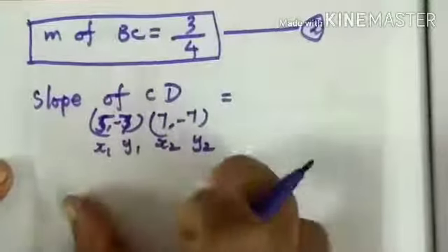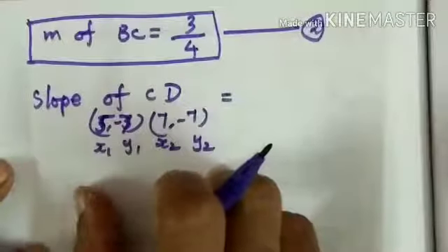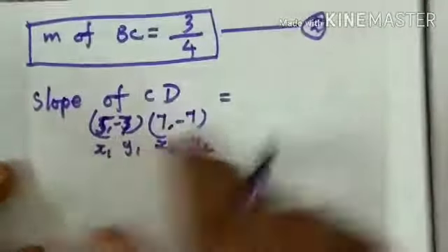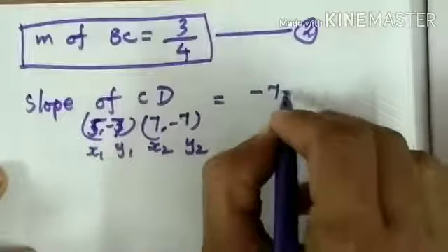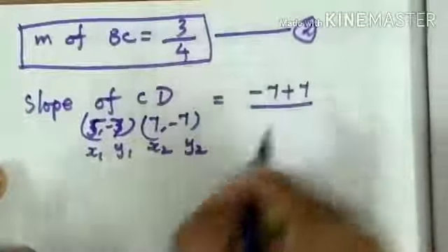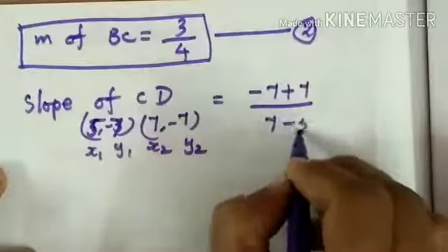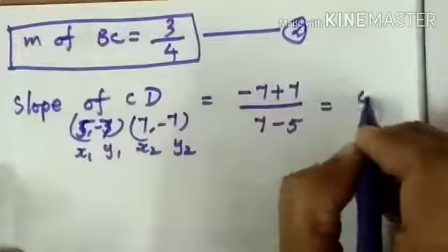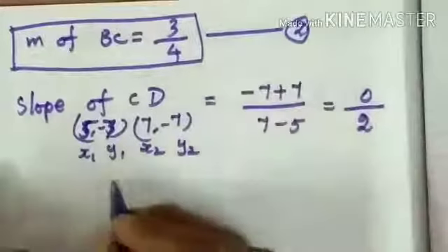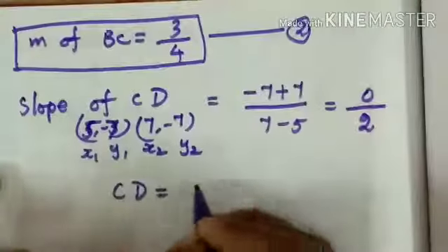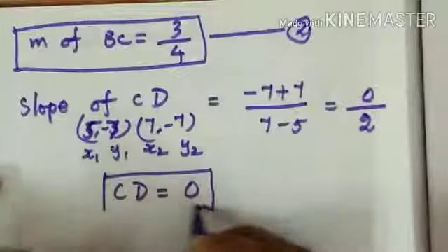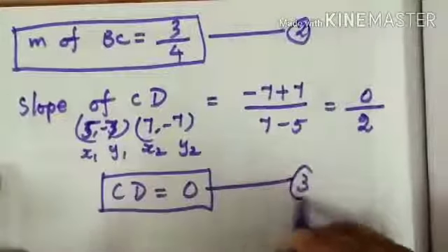Now you have to apply these points in the formula, means we get y2 minus y1, minus 7 minus into minus plus 7 by x2 minus x1, 7 minus 5, that is equal to 0 by 2. Therefore slope of CD is equal to 0. This one you keep number 3.